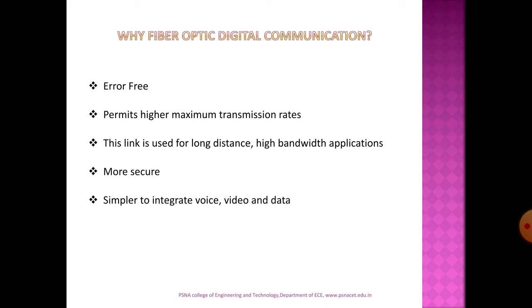Moreover, the data we transmit will be secure, and it is easy to integrate voice, video as well as data. So these are some of the reasons why we are moving to fiber optic digital communications.